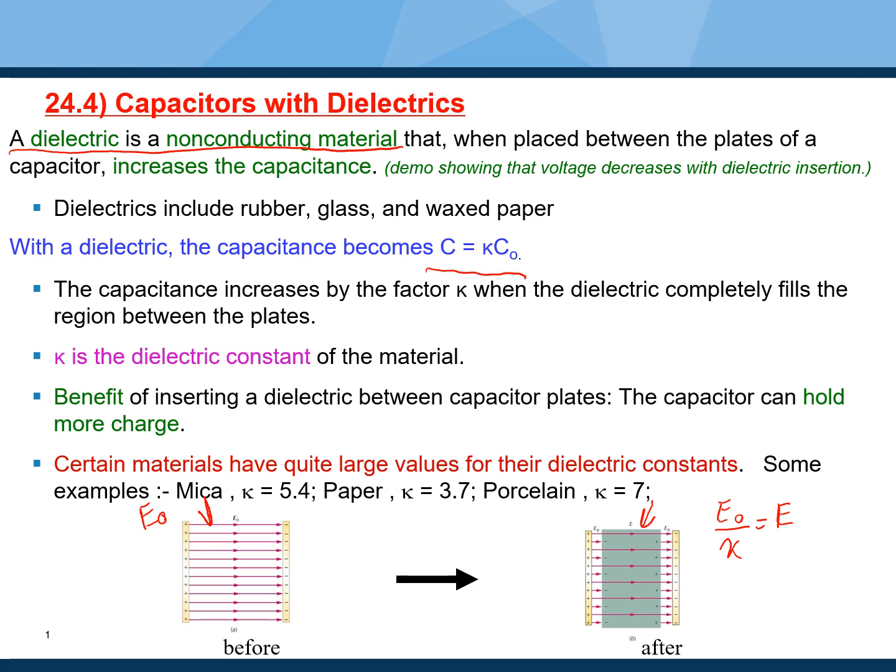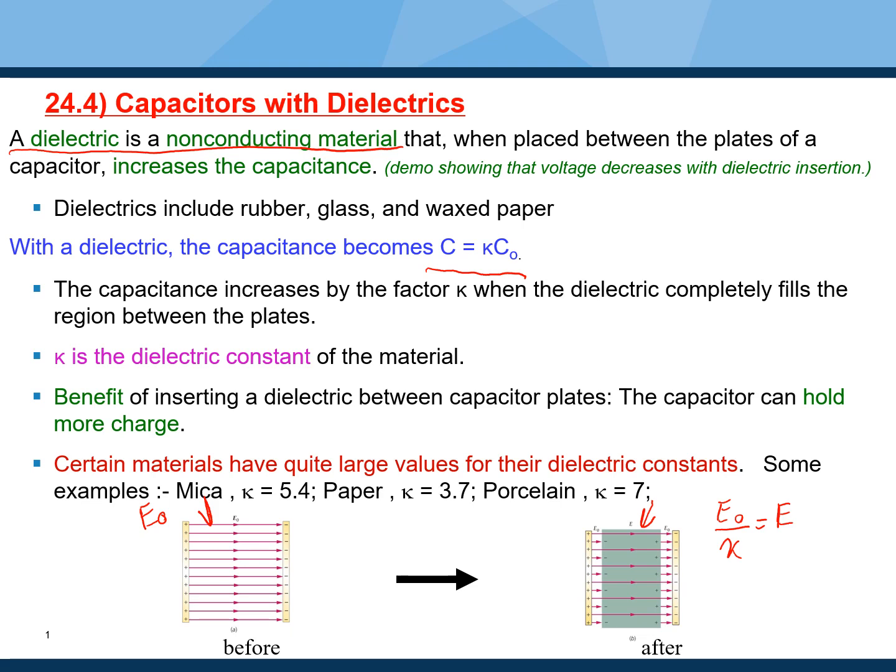Now, people actually did experiments on such situations where dielectrics have been inserted between the plates of the capacitor and actually found that the voltage between the plates of the capacitor indeed is reduced.